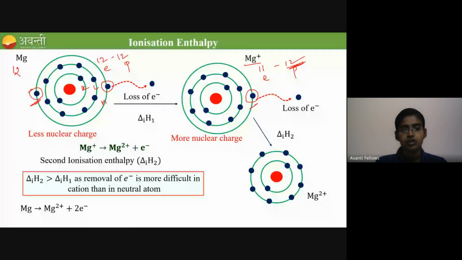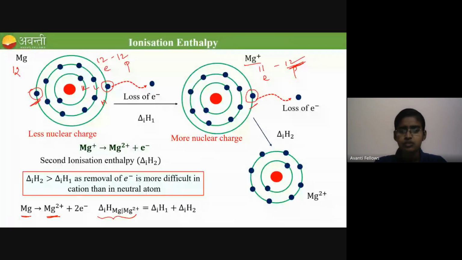For the whole process, from magnesium to magnesium 2 plus, two steps are involved for the removal of 2 electrons. And the energy associated with it is the sum of the ionization energy values.